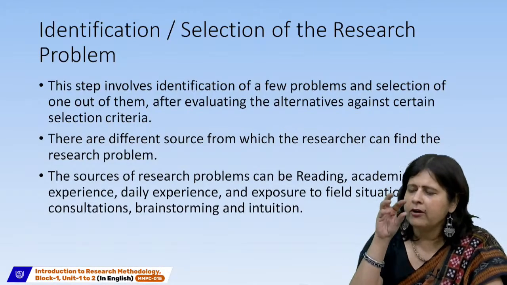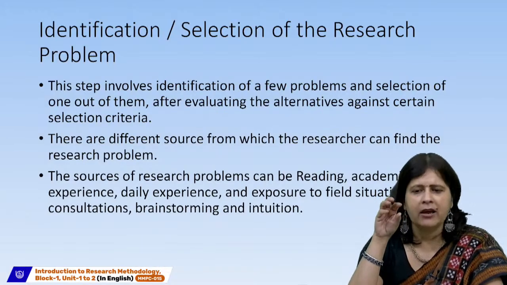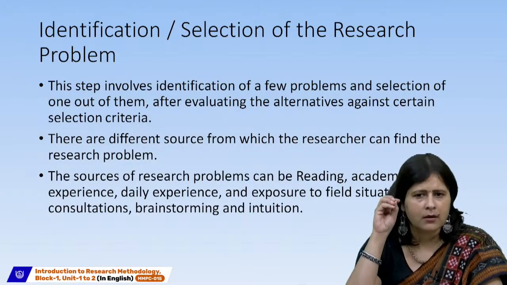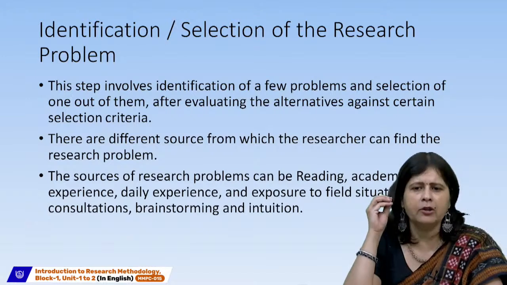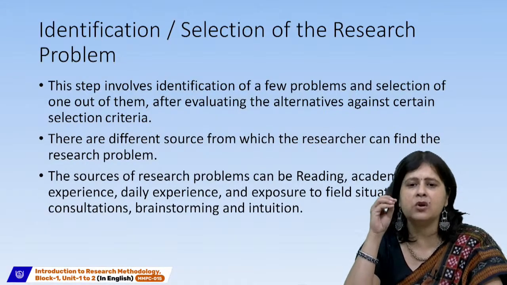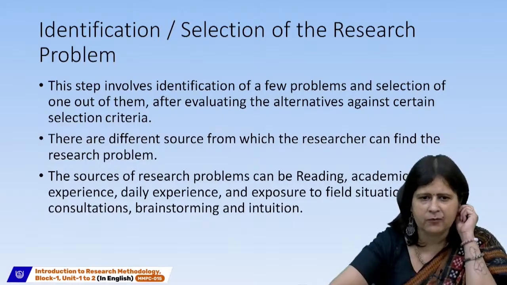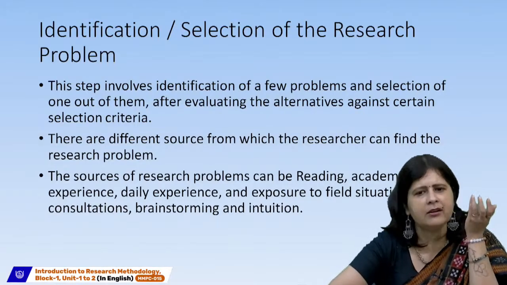So, one should have more than one research problem and choose one out of all those problems on the basis of evaluation on certain criteria. There are different sources from which a researcher can find research problems.